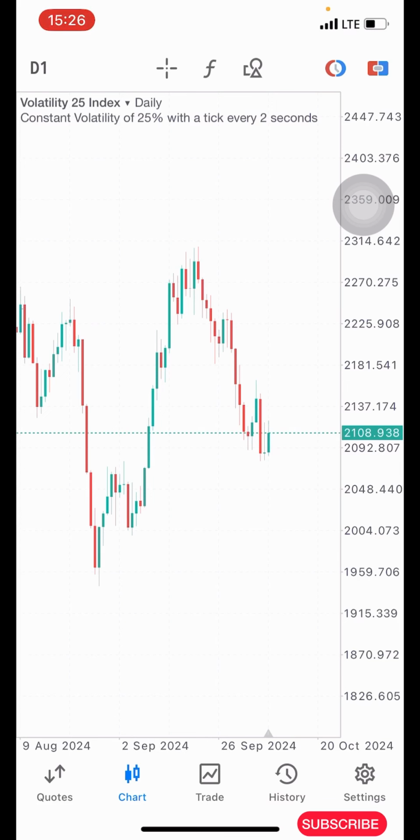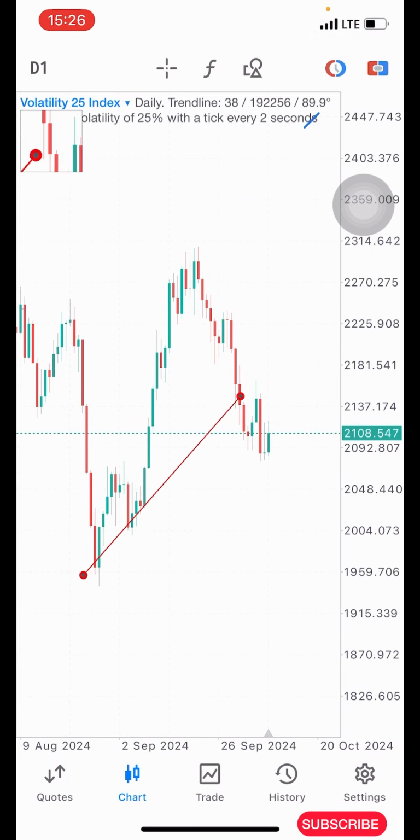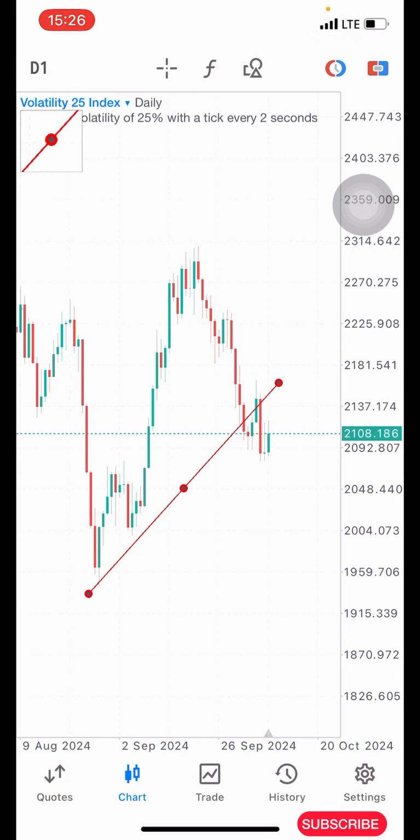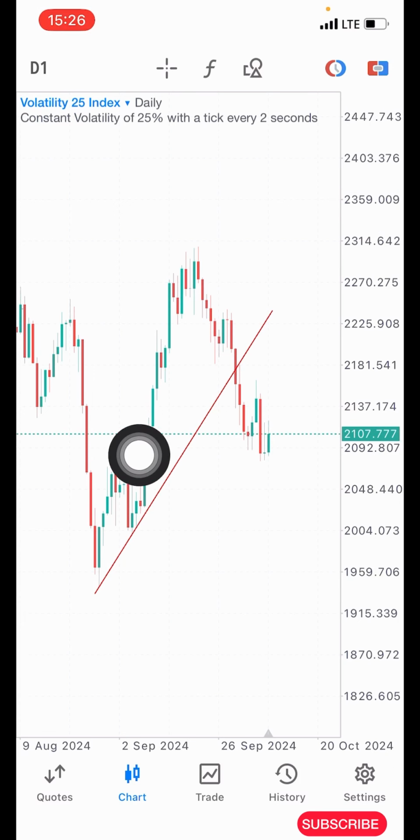The first thing is that I want to mark out the trend, right? So I can see something here. This is what happened. You can see the price was initially in an uptrend and then it broke below our trend line, came back for a retest here, and now you can see it's kind of heading down, okay?